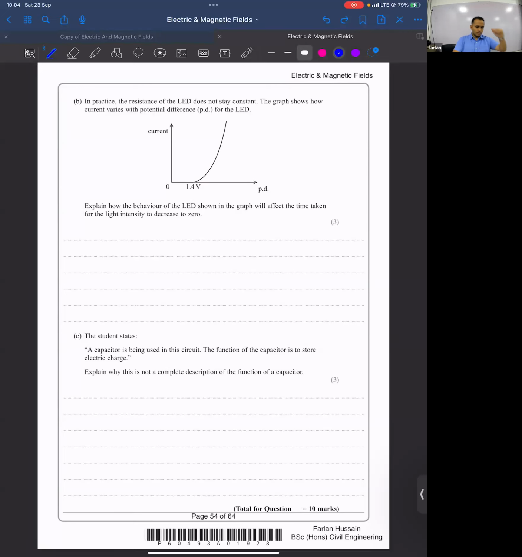If the LED's current versus voltage graph is going to be this, how is this going to affect the time taken for the LED to shut down? Will it be more or less, or will it be the same?